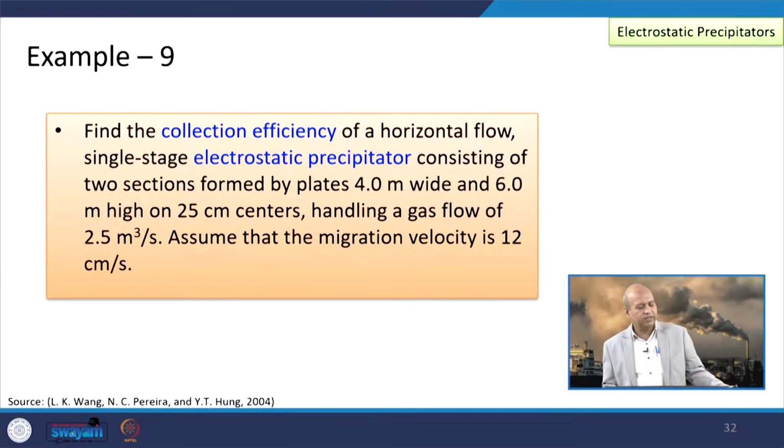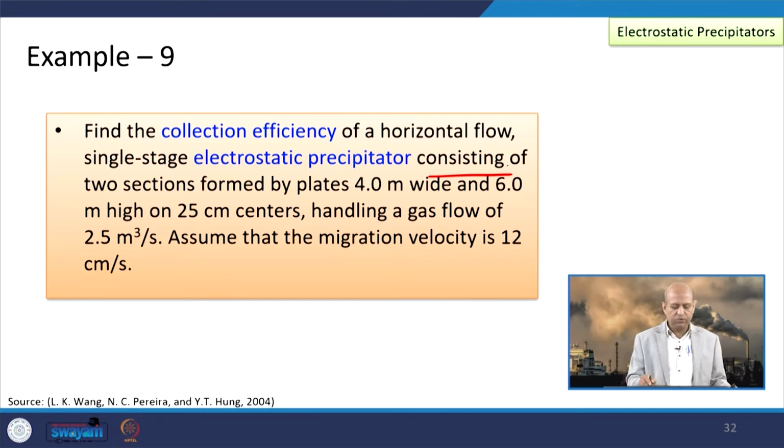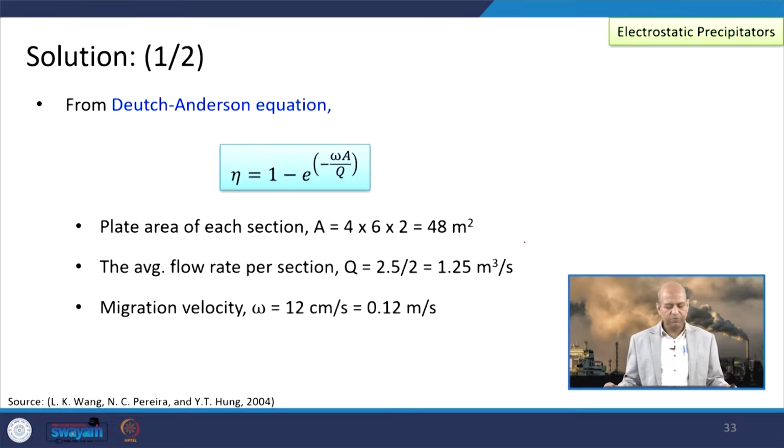Right. Now, the next example is related to collection efficiency of a horizontal flow single stage ESP, consisting of 2 sections formed by plates of 4 meter wide and 6 meter height on 25 centimeter centers, holding a gas flow of around 2.5 cubic meter per second, and we have to assume migration velocity is 12 centimeter per second.